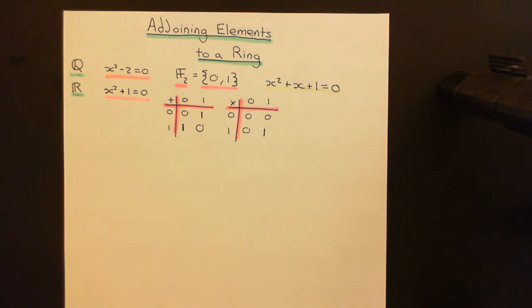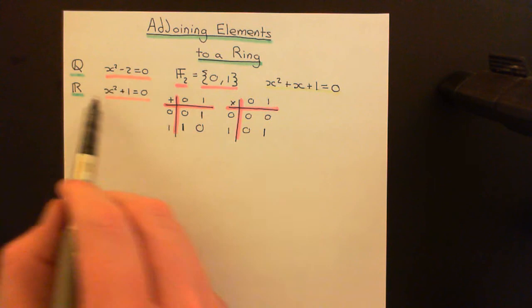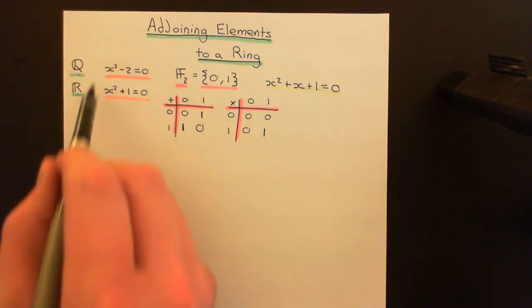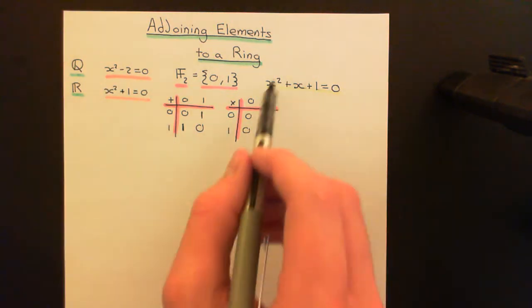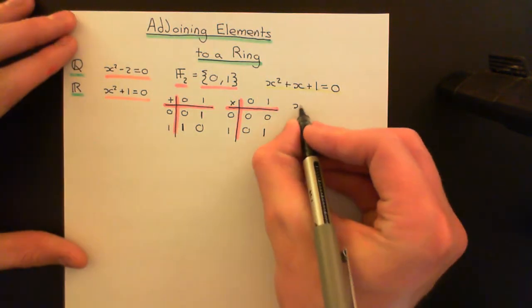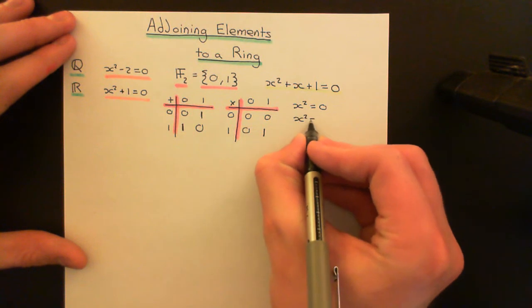So what I now want to do then is formally add on a solution to that equation. And by the way, the reason I had to pick a more complicated equation than these is you'll see that the only two equations that I could concoct of this form, where there's no degree 1 term in the quadratic, are x squared is equal to 0 and x squared is equal to 1.